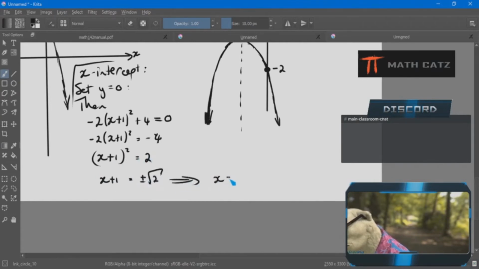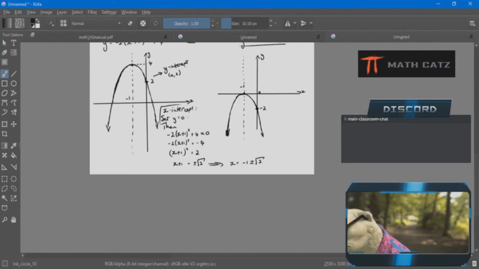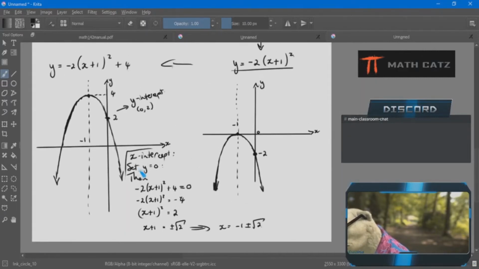And finally, x is negative 1 plus or minus root 2. Calculate the decimals, do what you want to do. It'll be these guys over here. Okay, so if I have it in what we call standard form, great. It's not that hard to calculate the x-intercept.